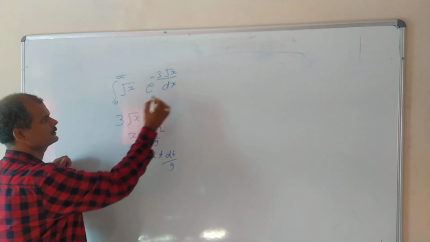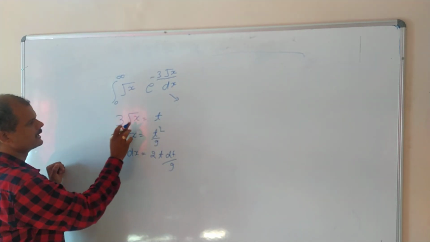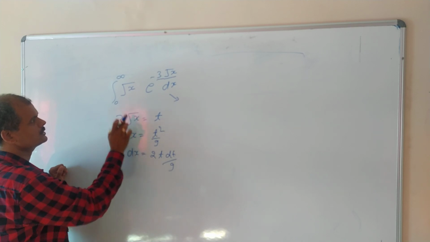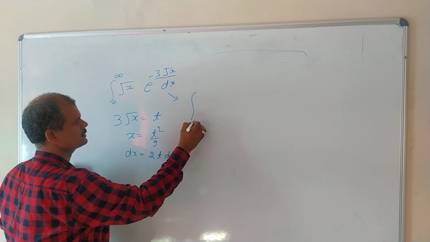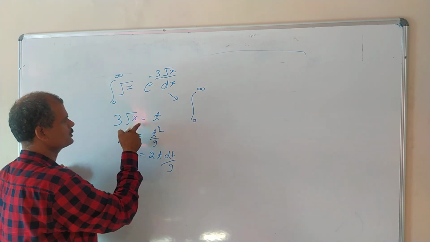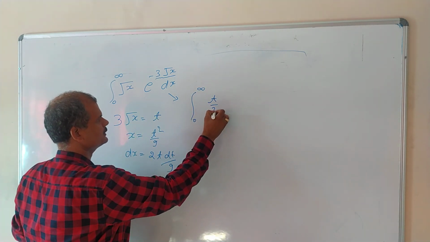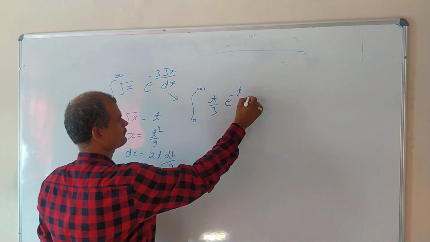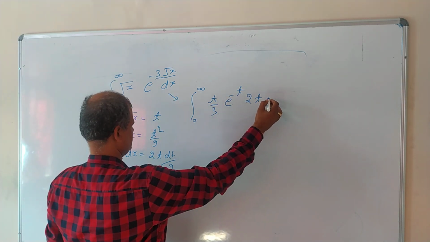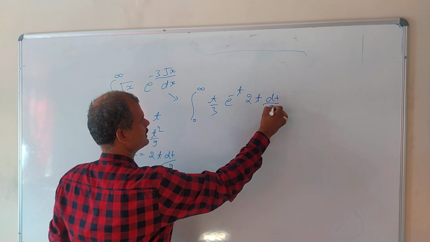Fine. And limit x equal to 0, t equal to 0, x equal to infinity, t equal to infinity. So this will be 0 to infinity, and root x equal to t by 3 and e power minus t, and dx will be 2t dt by 9.